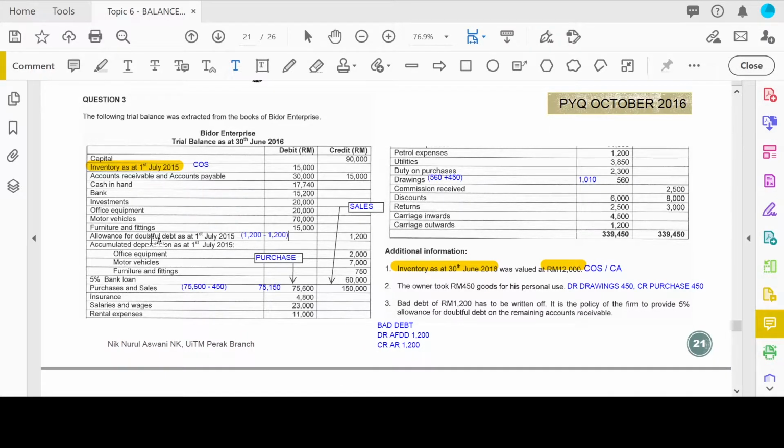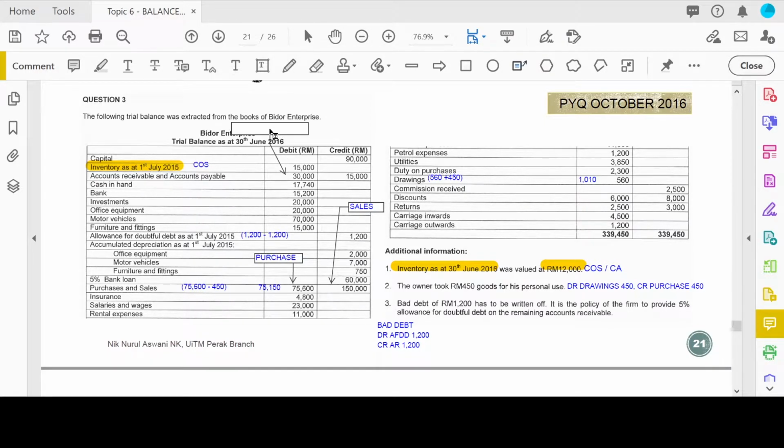For account receivable, we have to credit. Again, you have to choose which one is account receivable and which one is account payable. Account receivable is an asset account, and for an asset account we have a debit balance.